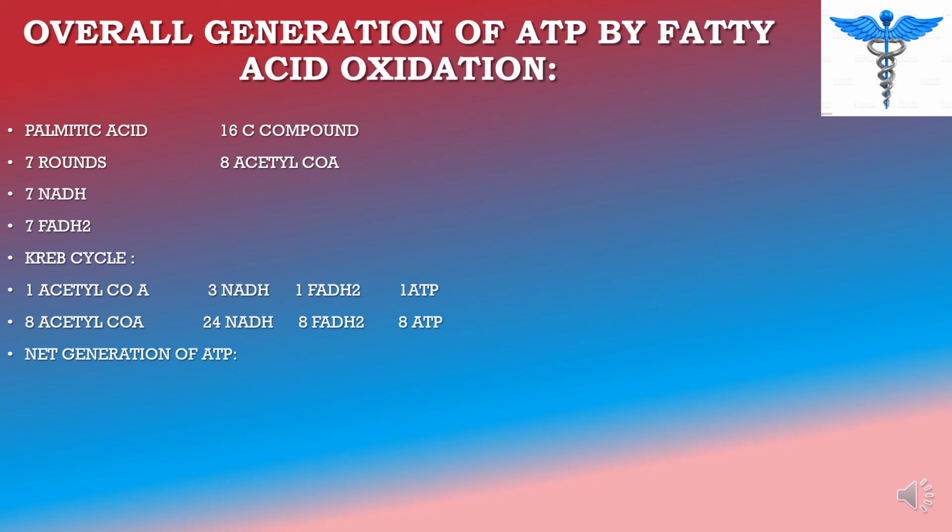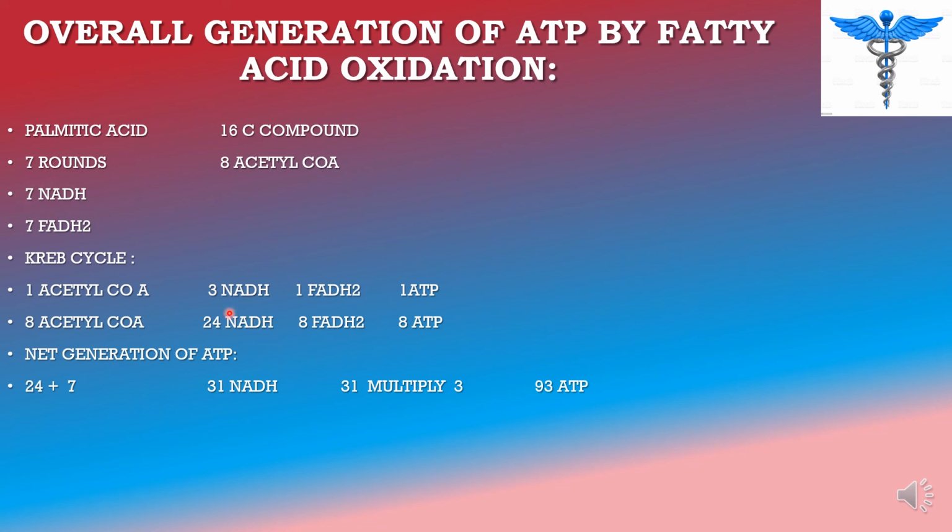Now net generation of ATP. Here 24 plus 7. The 7 is from here, 7 NADH, and the 24 we get over here. The 8 acetyl coenzyme A gives 24 NADH, while in beta oxidation we get 7 NADH.